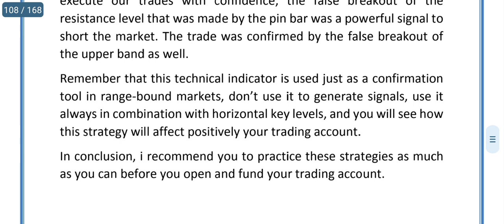And we shall also get to learn the entry points in the market, especially when trading the engulfing bar candle formation.